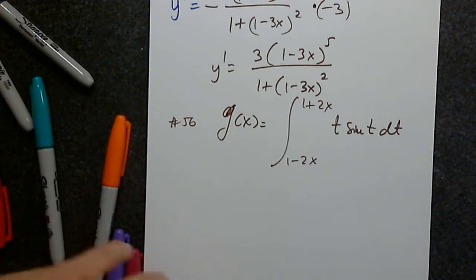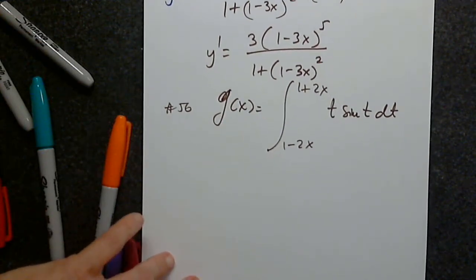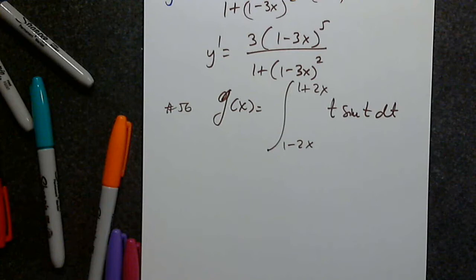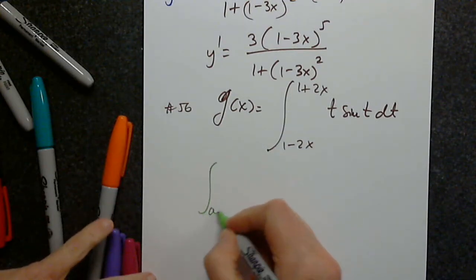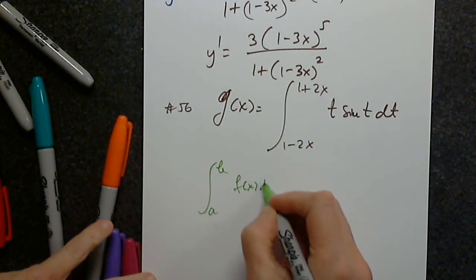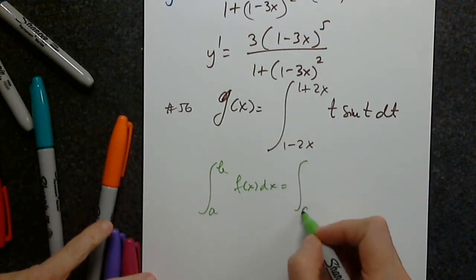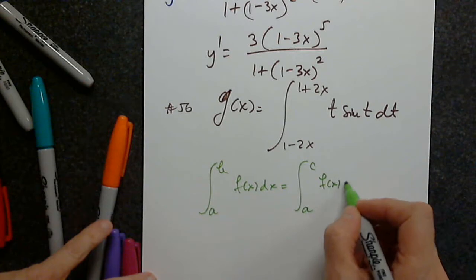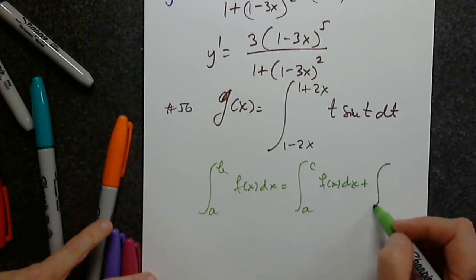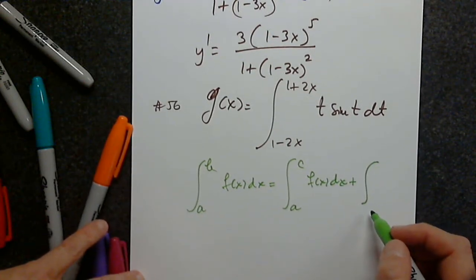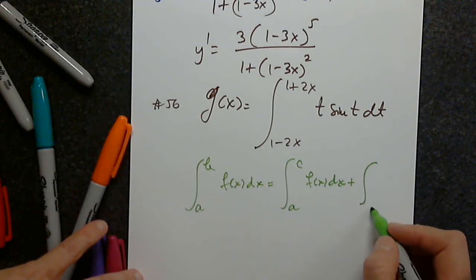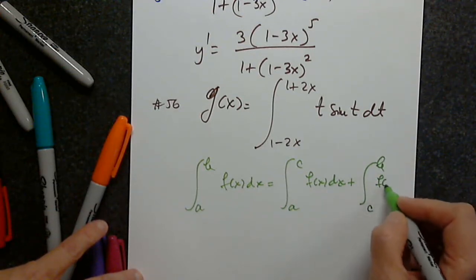So one property that we discussed some time ago, last Monday, was this. The integral from a to b from f of x dx is the integral from a to c from f of x dx plus the integral from c to b from f of x dx.